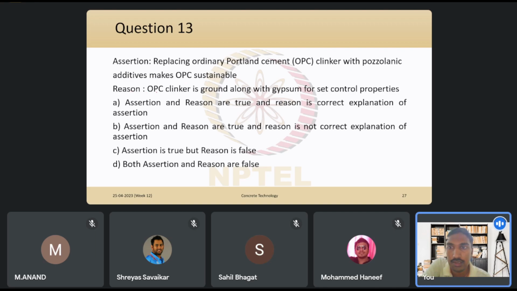The reason given is: OPC clinker is ground along with gypsum for set control properties. Option A: assertion and reason are true, and reason is the correct explanation of assertion. Option B: assertion and reason are true, but reason is not the correct explanation of assertion. Option C: assertion is true, but the reason is false. And option D: both assertion and reason are false.